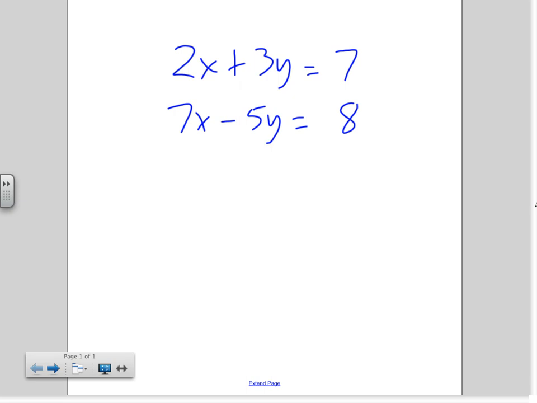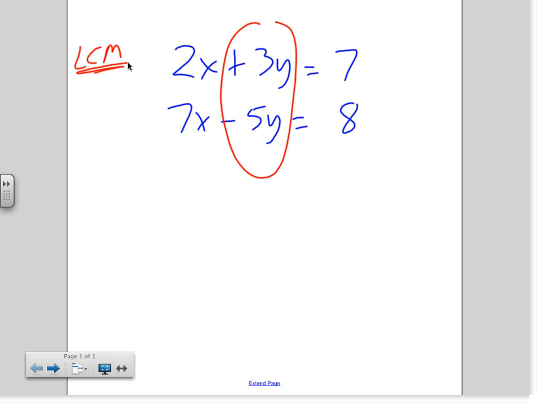Okay? And so, with elimination, which variable column would you like to get rid of? Y or X? Does it matter? No, it doesn't. Okay, so if you love Y, let's pick Y. Here is the Y. Remember that for us to get rid of that column, we have to find what? LCM. So this is the important key right here.